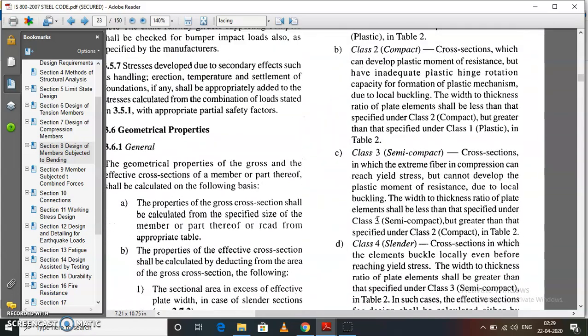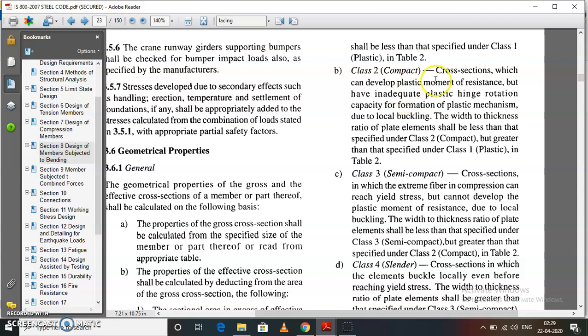Next, class 2, compact sections: cross sections which can develop plastic moment of resistance but have inadequate plastic hinge rotation capacity for formation of a plastic mechanism due to local buckling. The width to thickness ratio of the plate element shall be less than that specified under class 2 but greater than that specified under class 1 in the table.